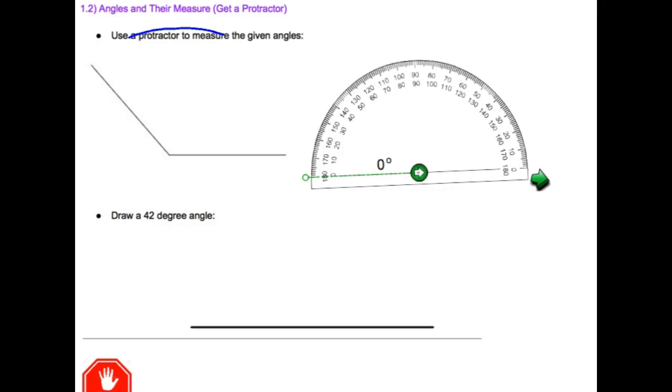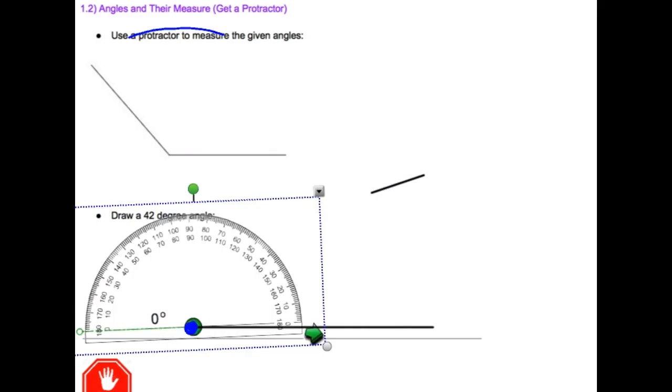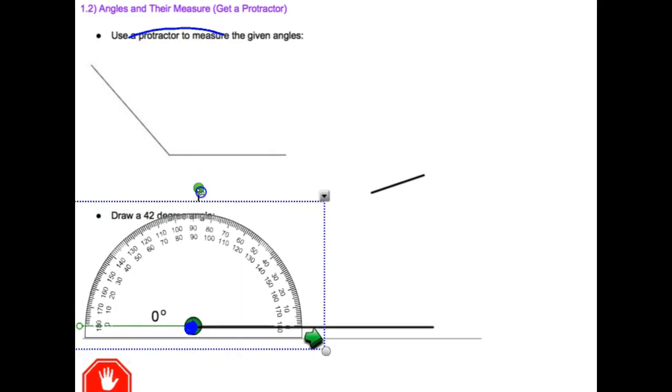And then what most people will do is they like to put a dot at this end and go from there, but you can actually put a dot anywhere you want, but we'll put it right here. And then again, I'm going to line the center of my protractor up with that vertex. I'm going to turn it so that I'm going through 0, and then I'm going to go to 42 degrees.